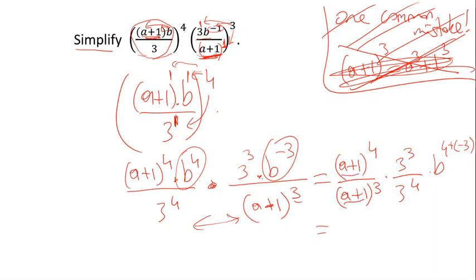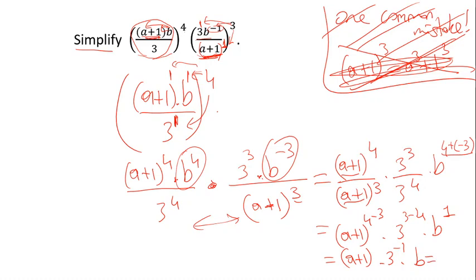The bases are the same, so we can write 4 minus 3, and here 3 to the 3 minus 4, and b will be 1. So we have a plus 1 times 3 to the -1st power times b.